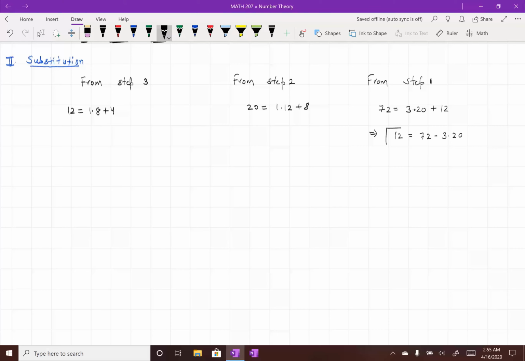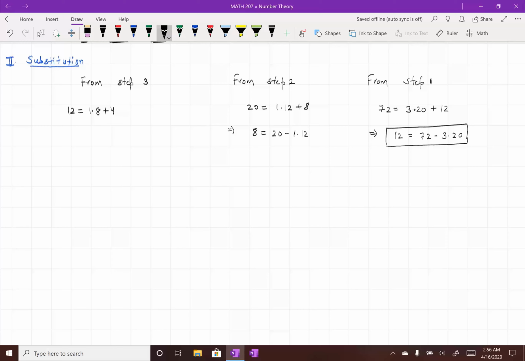Okay. So from the step 1, we wrote 12 in terms of 72 and 20. Similarly, from the step 2 of your Euclidean algorithm, you use that 20 can be written as 1 times 12 plus 8. So if we write 8 in terms of 20 and 12, 8 is going to be equal to 20 minus 1 times 12.